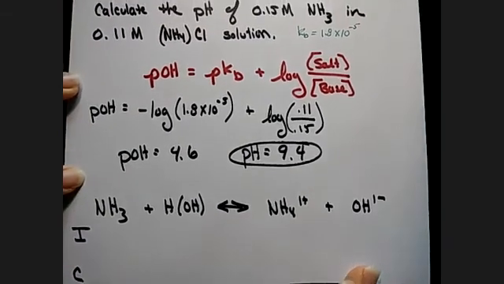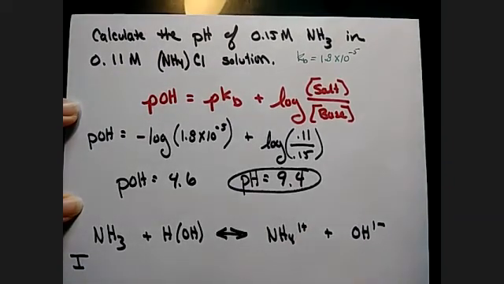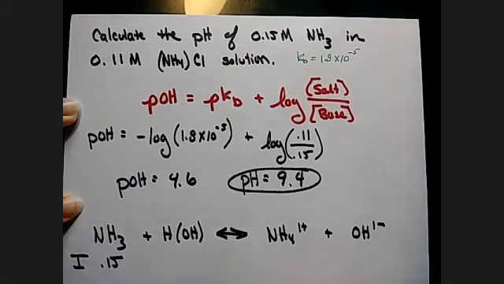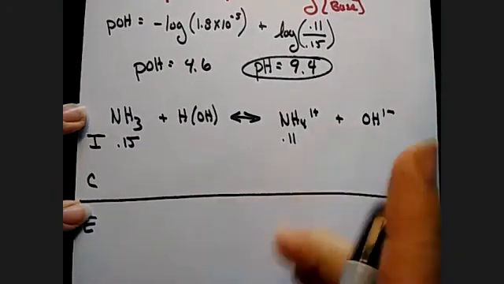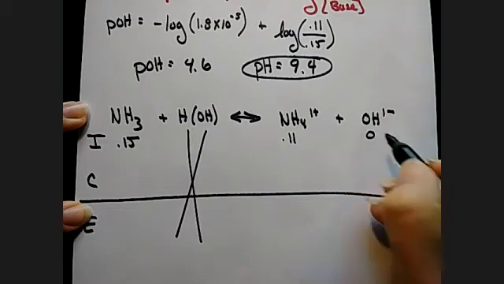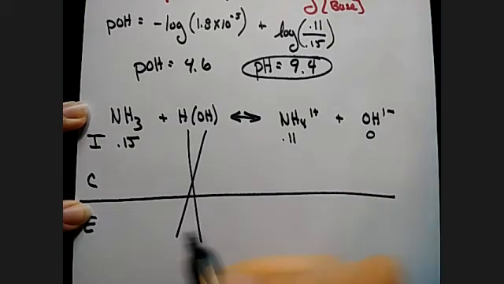Now let's plug and chug in the concentrations that we know. We know that the base has a concentration of 0.15, and the salt with that common ion of the NH4, that concentration is 0.11. Now water doesn't matter, and the hydroxide would initially be 0.